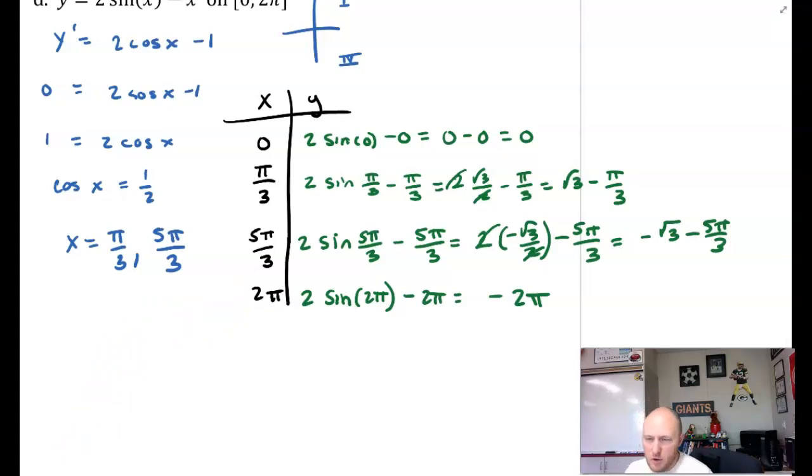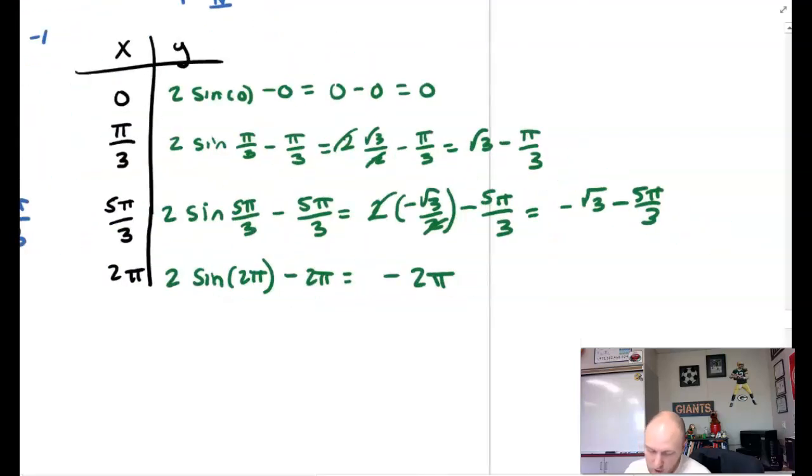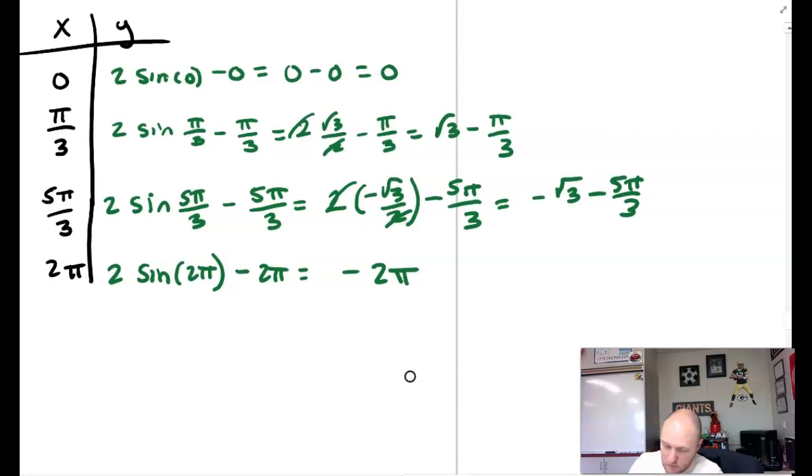All right, so the rest of these values are going to require a calculator. I would assume that you would have access to a calculator for these computations. The value for pi thirds, this is 0.6848.